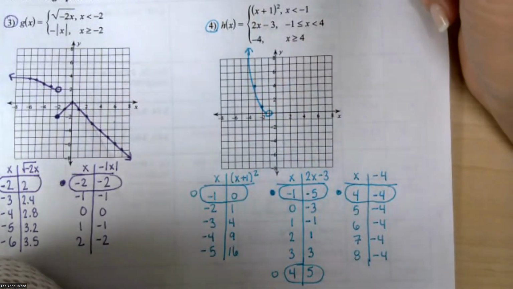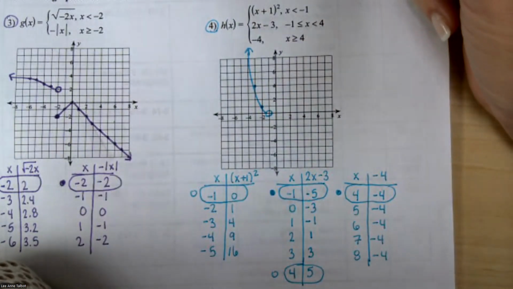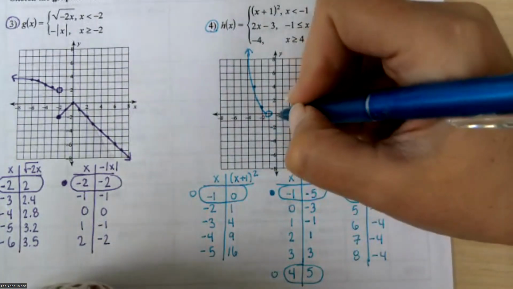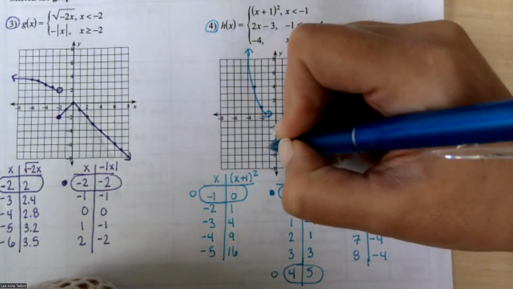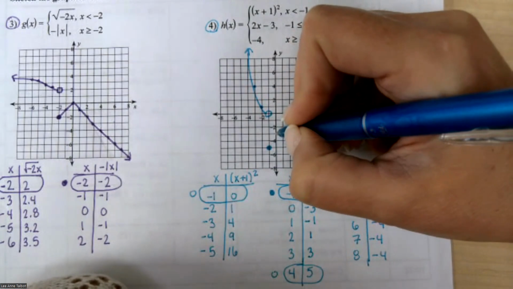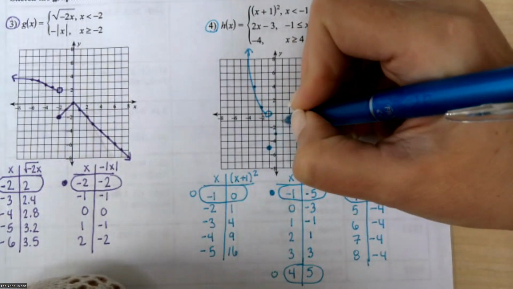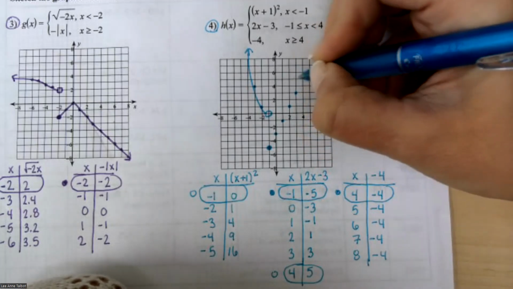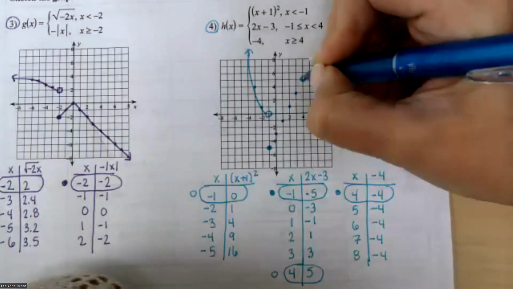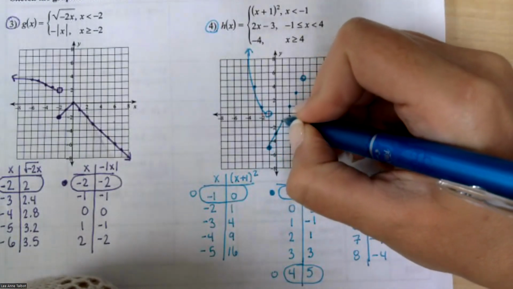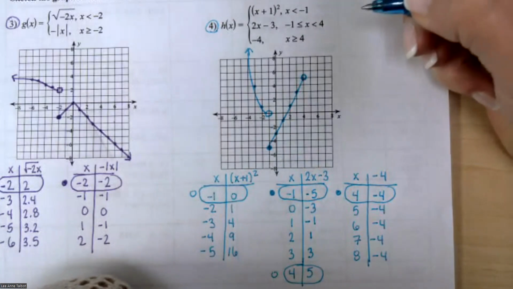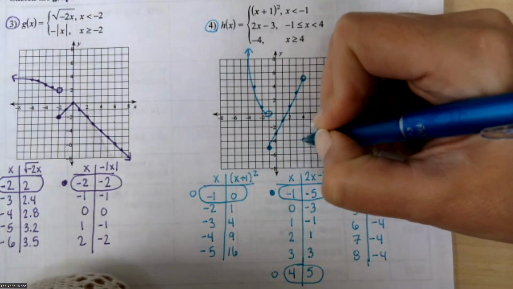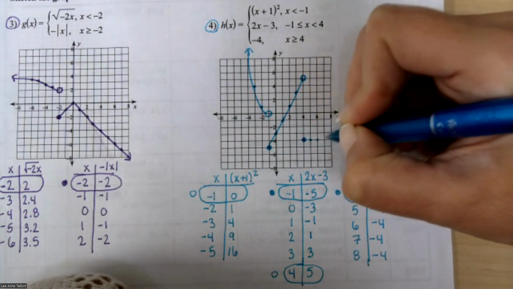Arrow in that direction. -1, -5, closed. 0, -3; 1, -1; 2, 1; 3, 3; 4, 5, open. 4, -4, closed.